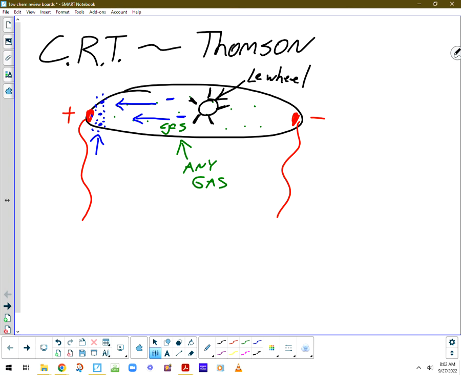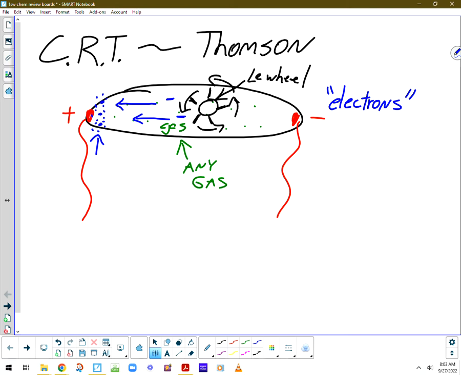Whenever they turned this thing on, the particles flying through would cause this wheel to start turning. So they had enough mass to impart momentum to the wheel and make it spin. Thomson called these little particles electrons. They had something to do with that electric current that was going on there.